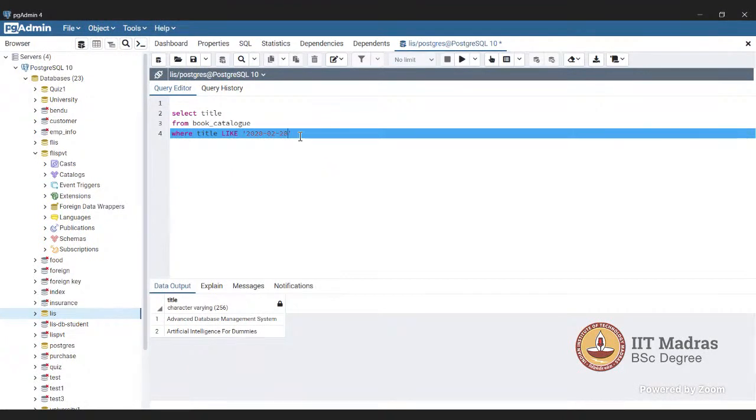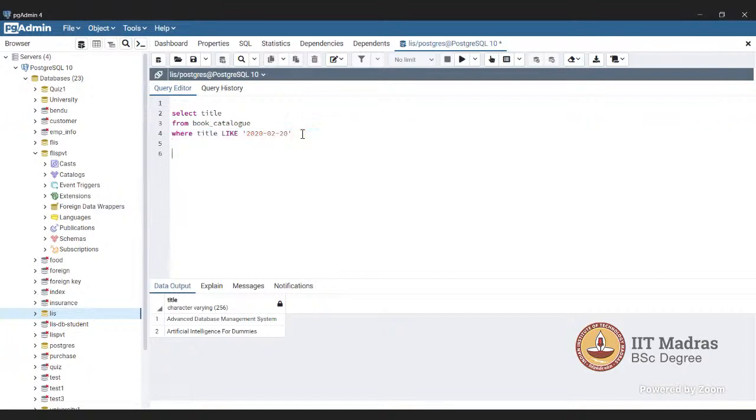I have written this in the YYYY-MM-DD format. If this does not work, then you have to check another alternative option.